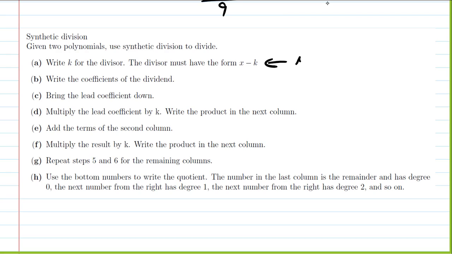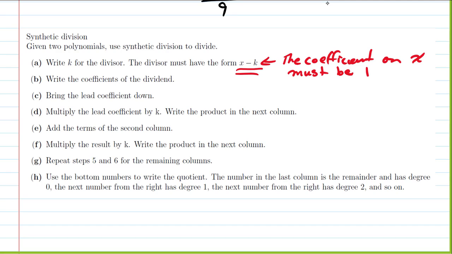So we have to note here the coefficient on x must be 1. So when we say it has to have this form, it has to be linear, and moreover, the slope has to be 1. So the coefficient on the x has to be 1.